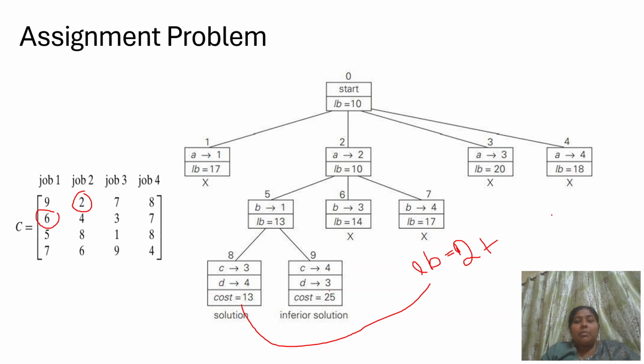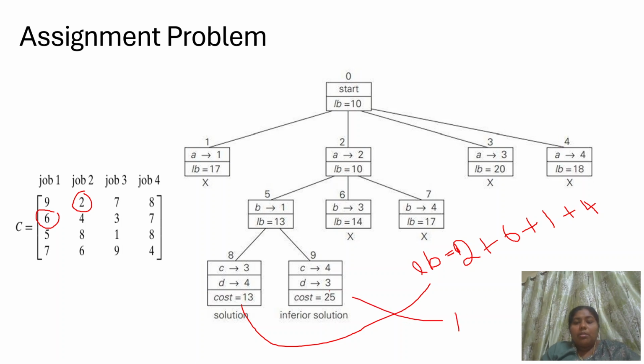And C equal to 3. So C equal to 3 means the third person is assigned to the third job. So 1 as well as 4. What is the total value here? 13 we are just getting here.